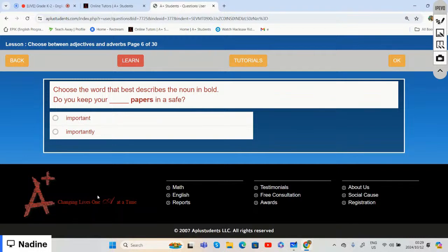All right, let's go to this one and then we're going on to the next lesson. Do you keep your important papers in the safe?